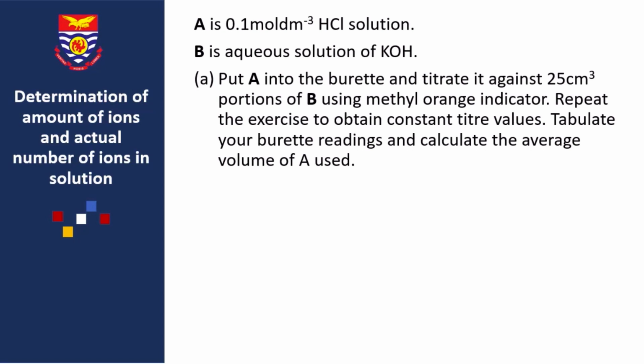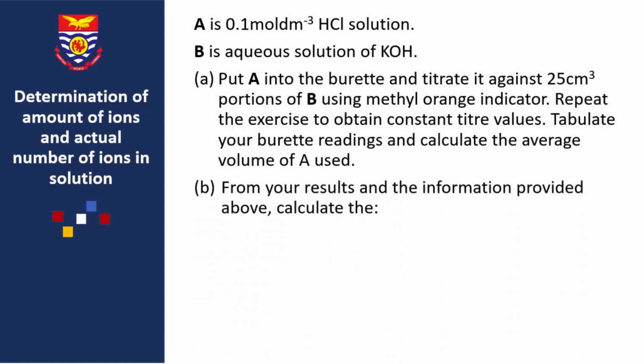B is a solution of KOH, and we don't know its concentration. So from this, you could tell clearly that we need to start working from the HCl. Then we look at the relation between HCl, the hydrochloric acid, and the potassium hydroxide to look for that of the potassium hydroxide. So we have the instruction for the titration there.